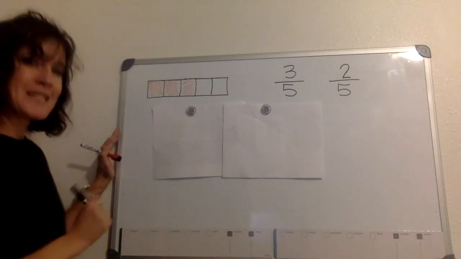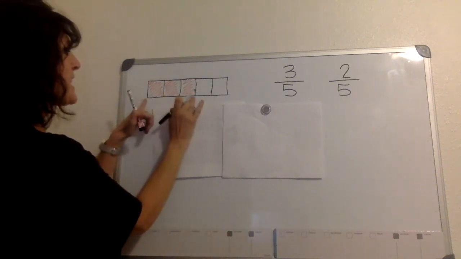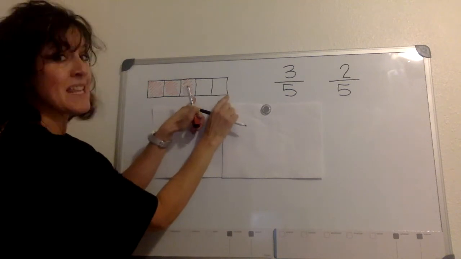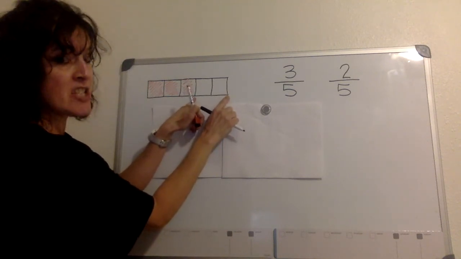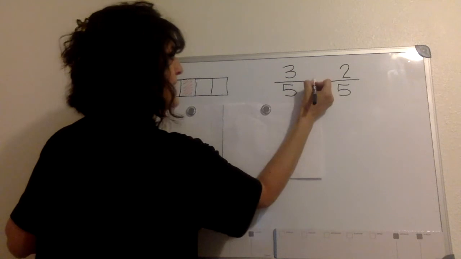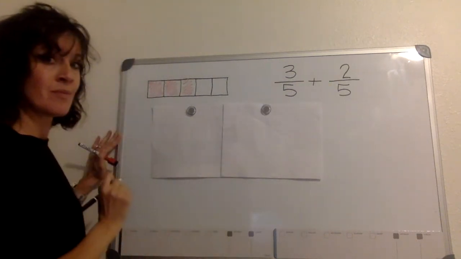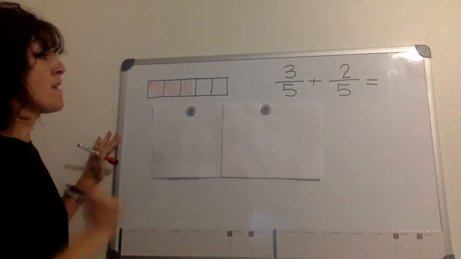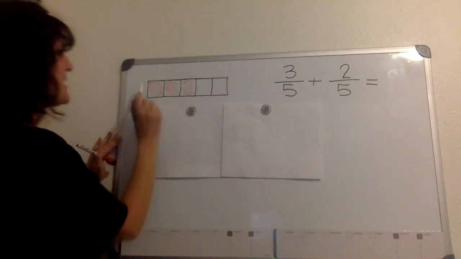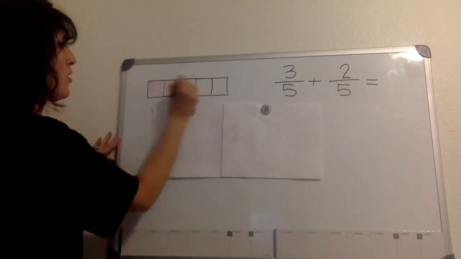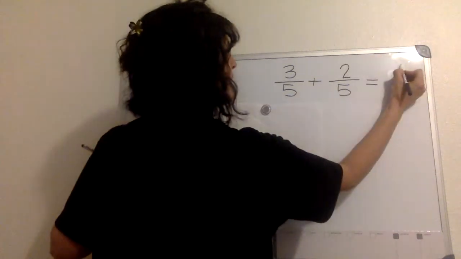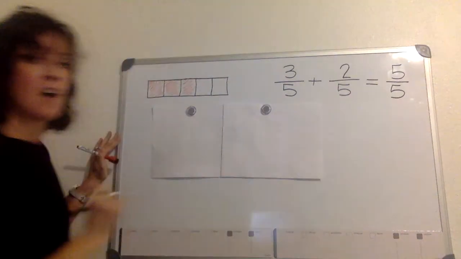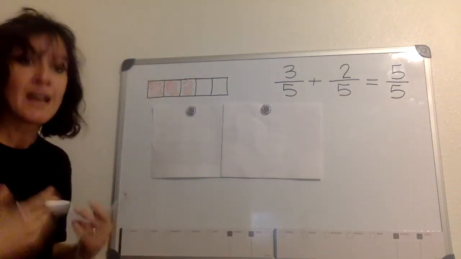What happens if I were to take these parts, the shaded parts, and add them together with these parts here, the not shaded parts? So basically add these guys here. What happens? Well, all together we have 5/5 of the rectangle accounted for.